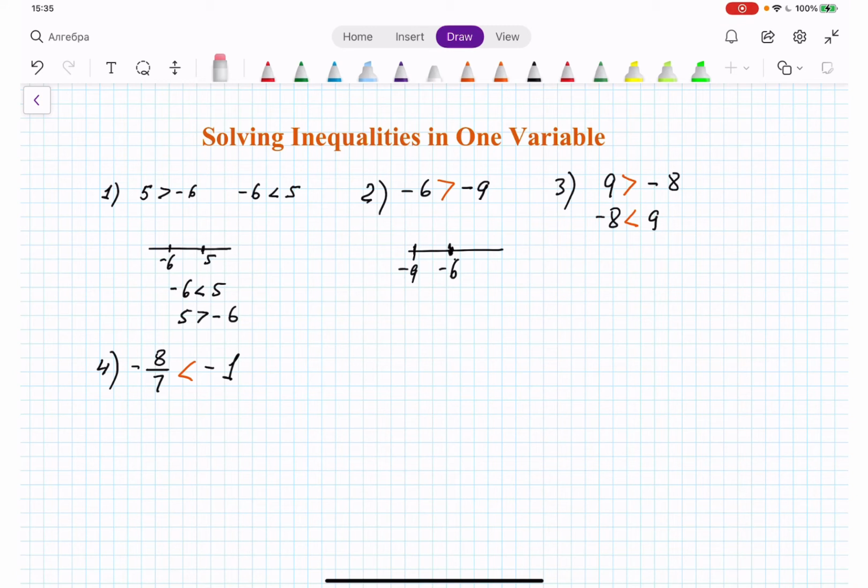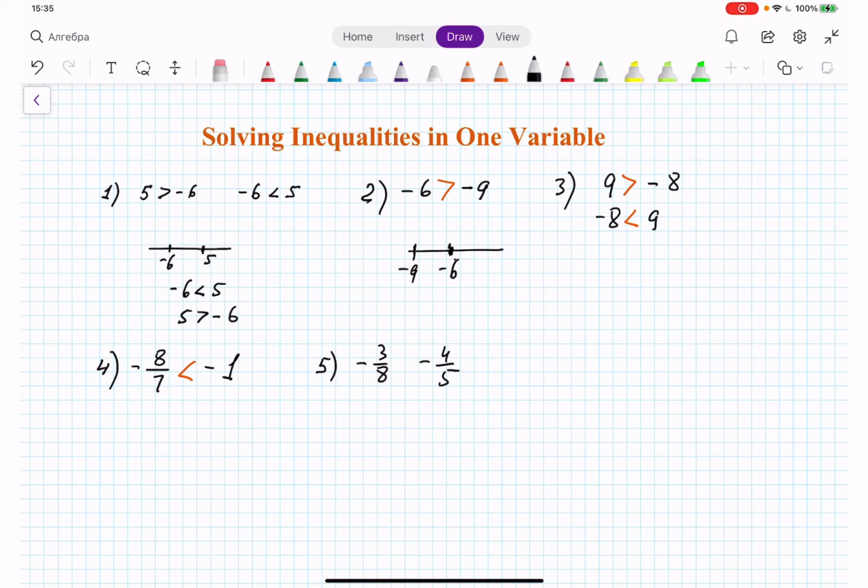So any number that is to the left of the number you're comparing, that number is less. Question number 5. Negative 3/8 and negative 4/5. Now this is a very interesting case. How are we going to figure out 3/8 or 4/5?